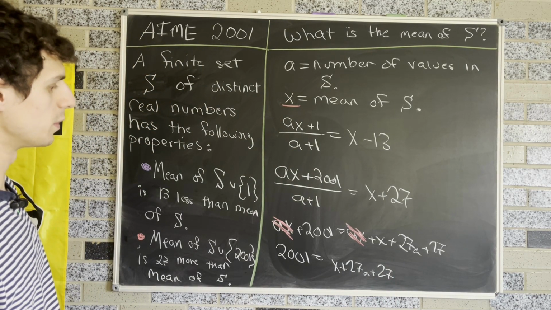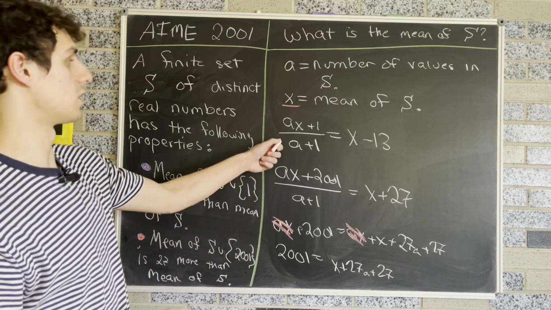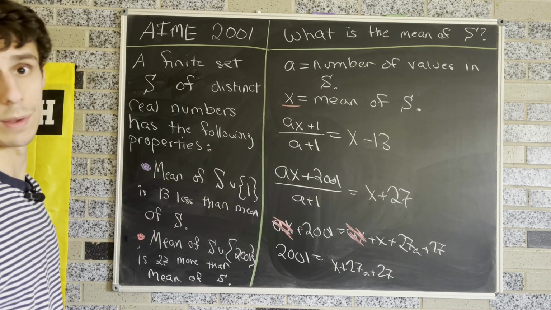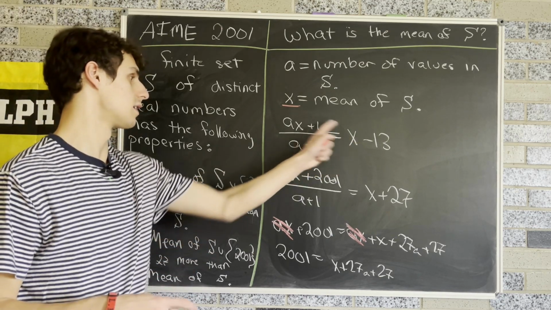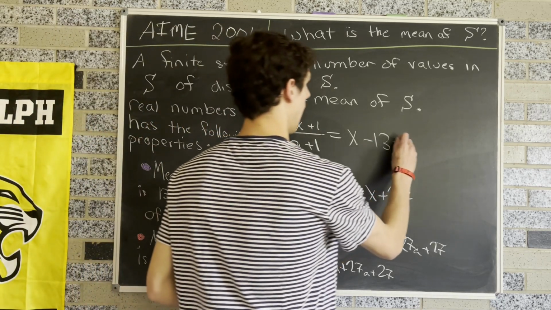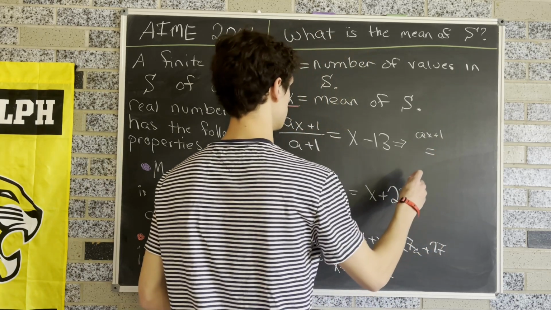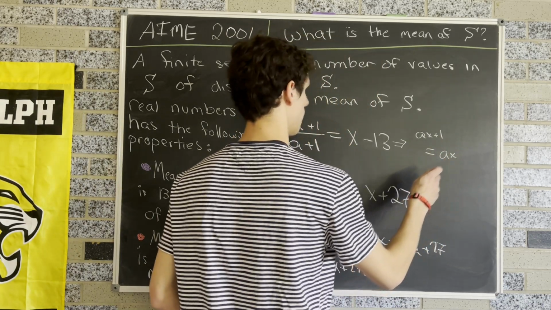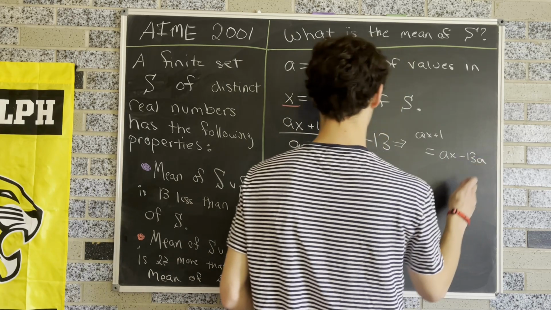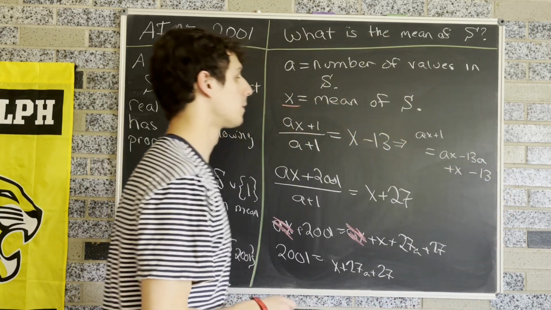And now we could solve this for X and plug it into our top equation here. But first I'm going to multiply this top equation by A plus 1 on both sides. Doing that gives us AX plus 1 is equal to AX minus 13A plus X minus 13.